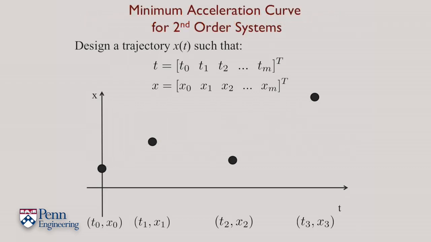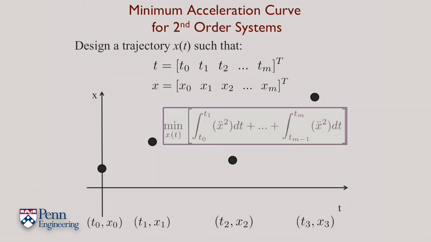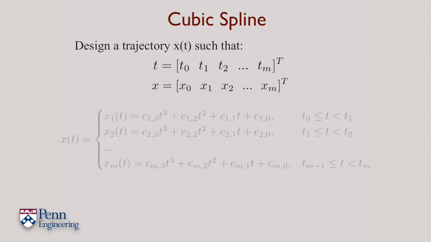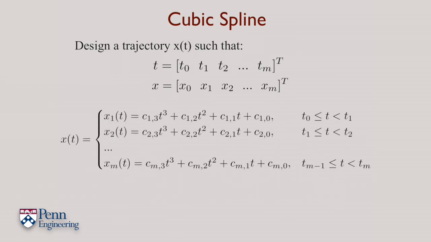To see how to solve this problem, let's look at a minimum acceleration curve for second-order systems. We look at the problem of solving for this function, x of t, but now the functional consists of many terms. Each term corresponds to a particular segment. From the Euler-Lagrange equations, if we solve this, we'll find that we get cubics for each segment.